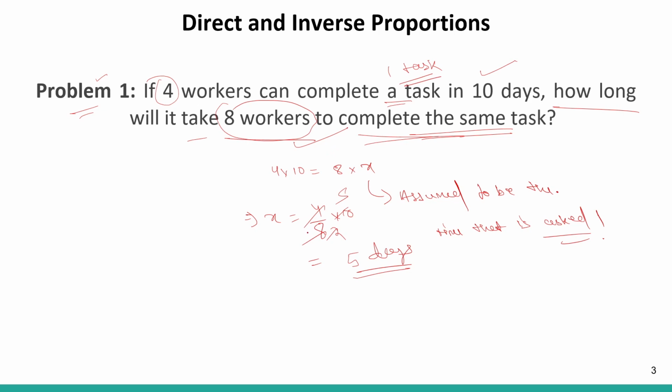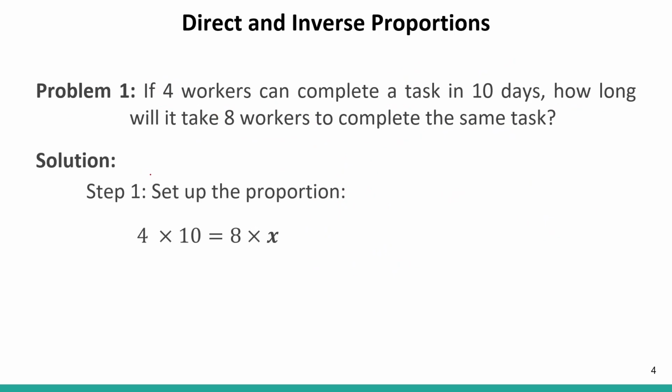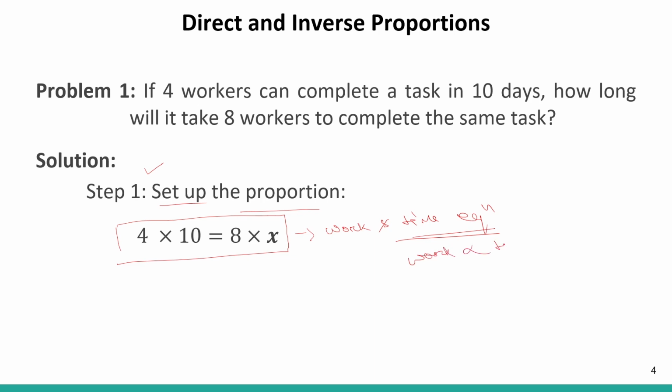That 4 workers completed in 10 days. So let's see the step-by-step solution. Step 1, setting up the proportion: 4 into 10 is equal to 8 into x, using the work and time equation. We know that work is directly proportional to time.